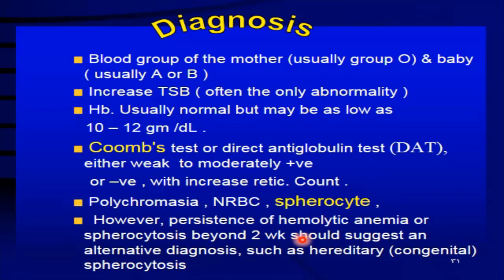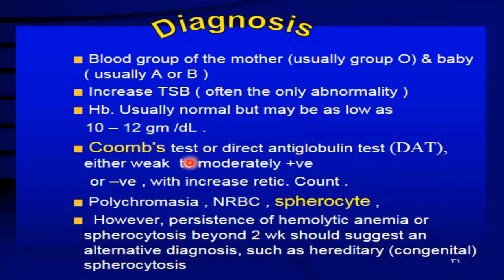Diagnosis of ABO incompatibility: usually the blood group of the mother is O and the baby's is A or B. Increased TSB is often the only abnormality. Hemoglobin is usually normal but may be as low as 10 to 12 mg.